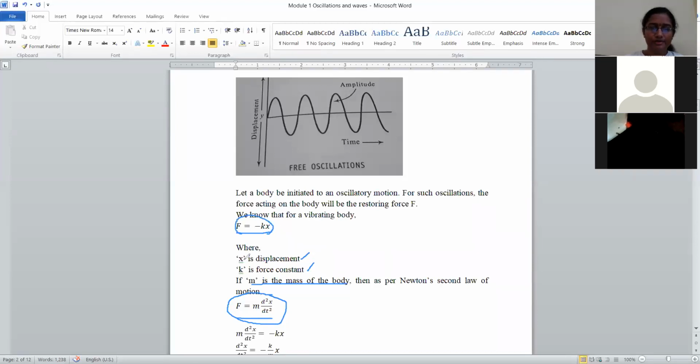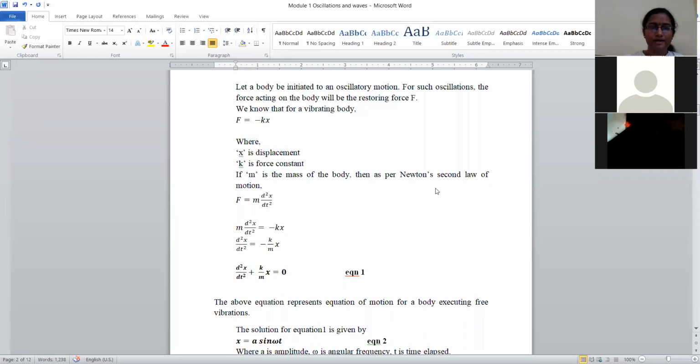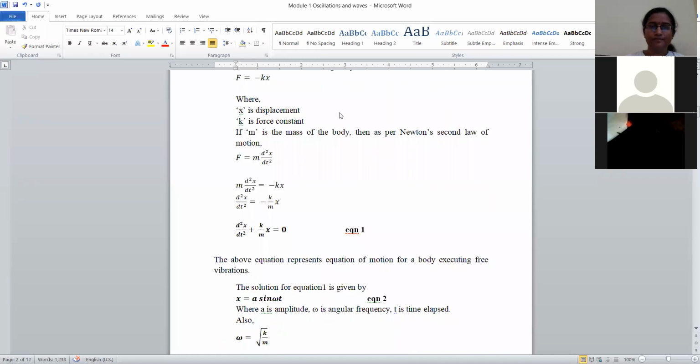We equate the forces, so we get m d square x by dt square equals minus k x. Sending m to the other side, d square x by dt square equals minus k by m into x. Now taking this to the LHS, it will be d square x by dt square plus k by m into x equals 0.